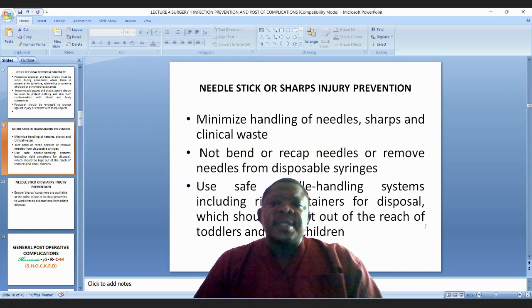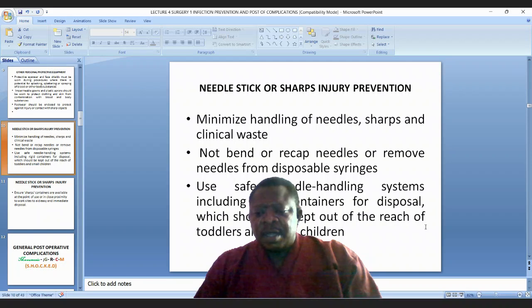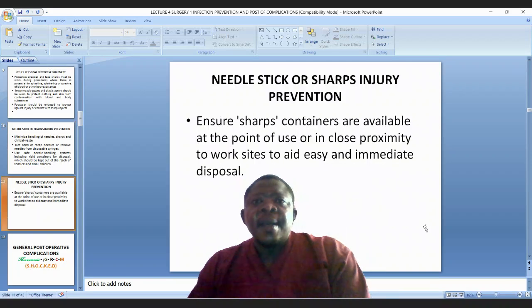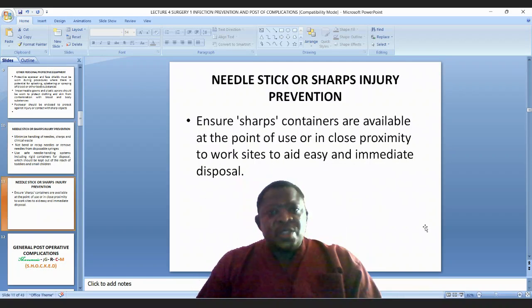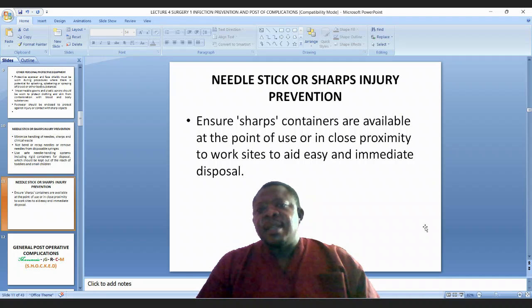You can use a safe needle handling system, including rigid containers for disposal, which should be kept out of reach of toddlers. Also ensure sharps containers are available at the point of use or in close proximity to the worksite for easy, immediate disposal.